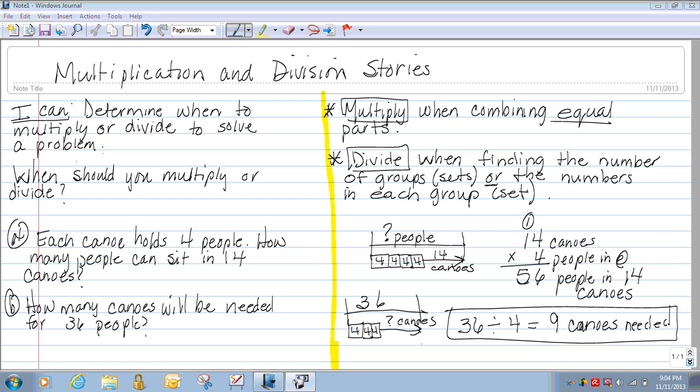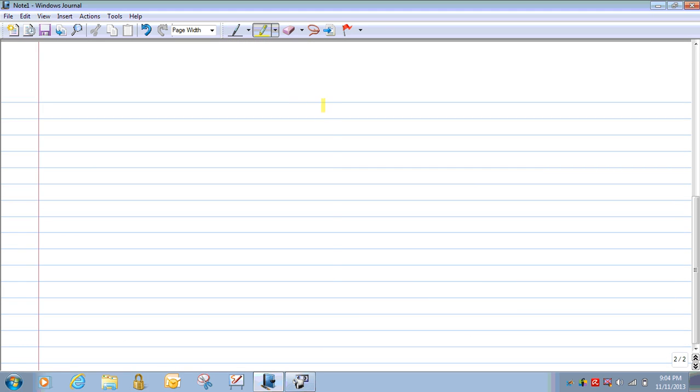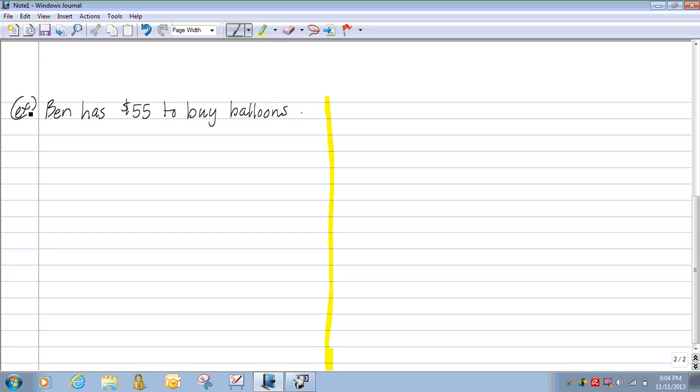Okay, I'm going to move to a new page. Let's do another example. If Ben has $55 to buy balloons, the balloons cost $9 per bunch, or for each bunch.